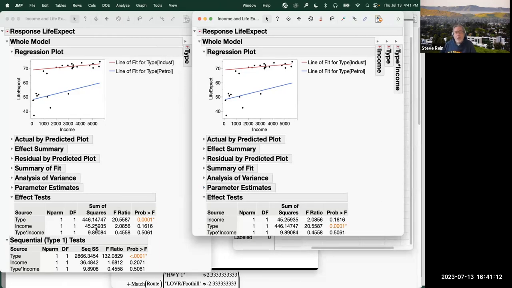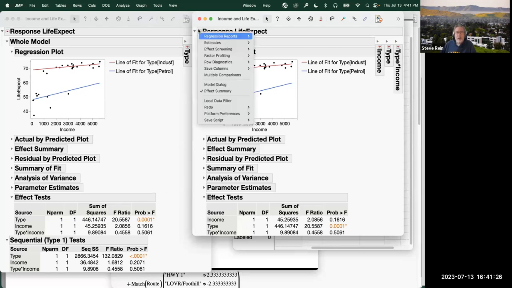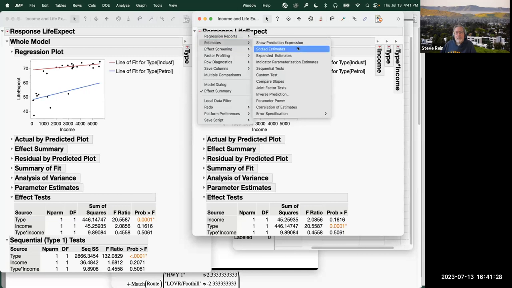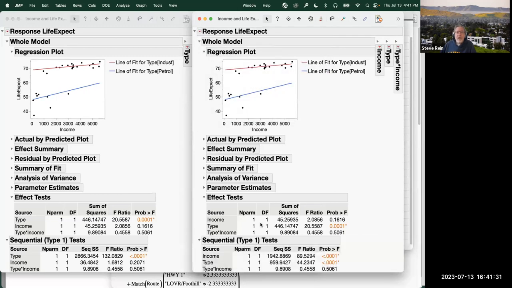Notice that the only difference now is the top row is now the second, and what was the second is now the top row. Everything else is identical in the effects or adjusted sums of squares procedure. What about under estimates? My sequential. I'll claim that one is really hard to read and stomach. This one is cleaner. If you have an interaction using sequential sums of squares, putting the interaction last is a good thing.